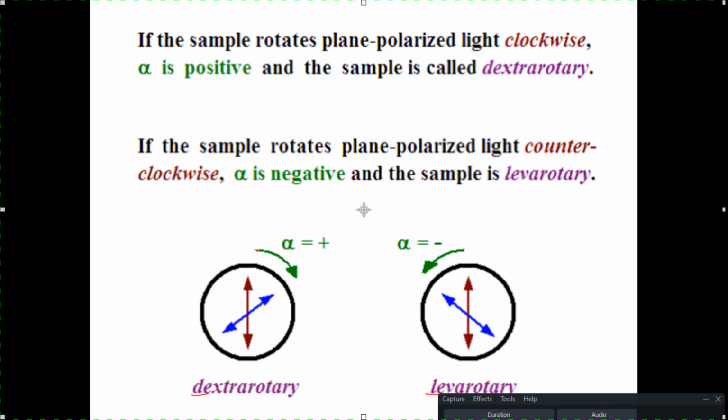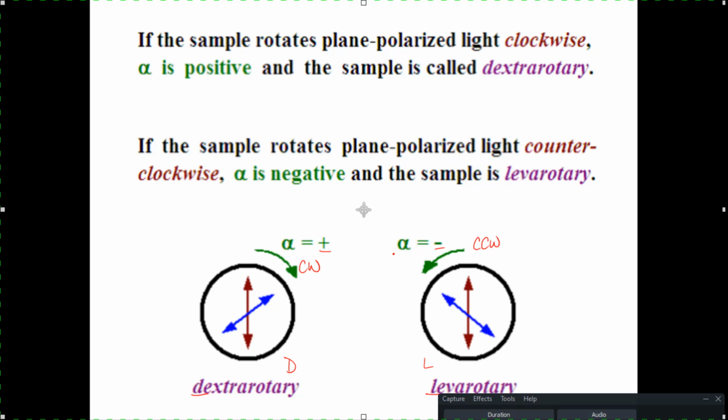If it rotates plane polarized light clockwise, then it is considered dextrorotary. If it rotates it counterclockwise, it's levorotary. So this is D and this is L. The degrees of alpha would be positive in this case, and negative in that case.